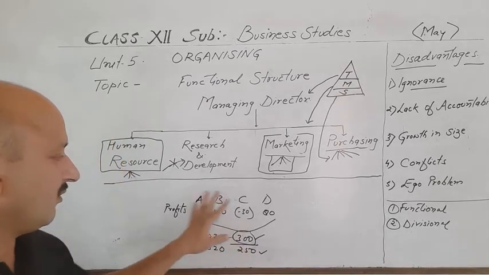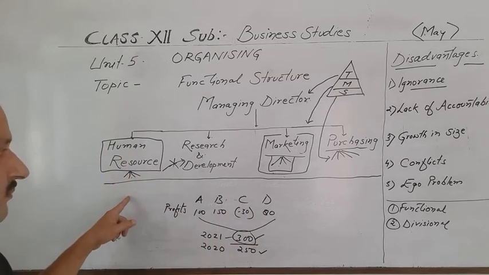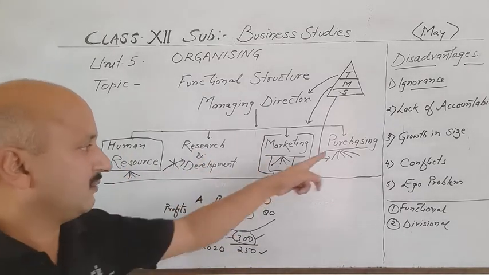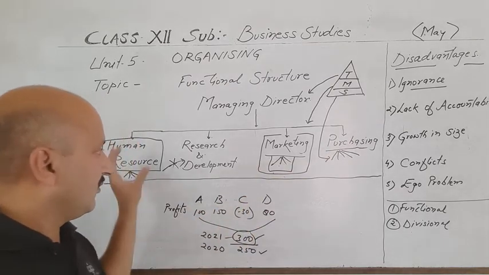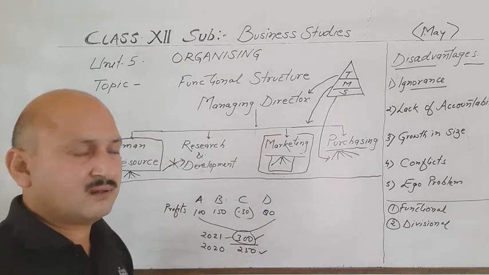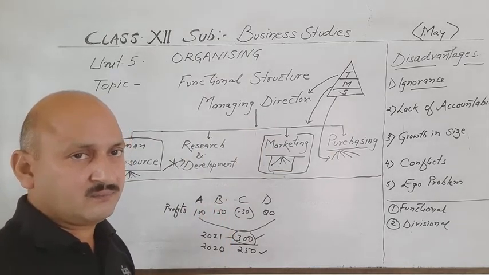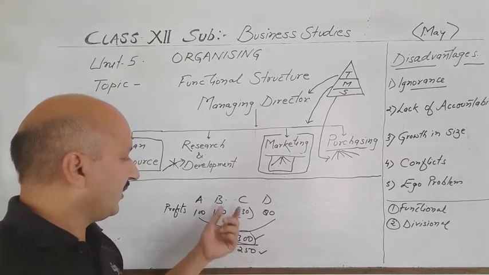Because for all 4 products, the human resource will be same, the research and development will be same, the marketing will be same, and the purchasing will be same. These all 4 functions are handling these 4 products simultaneously. So it is very difficult to fix the responsibility of anyone.